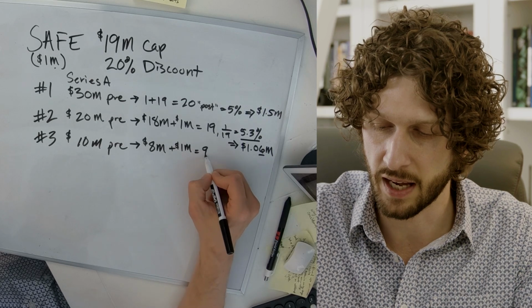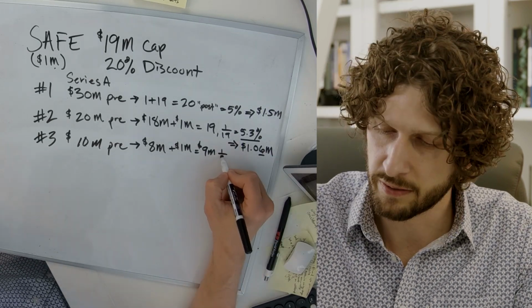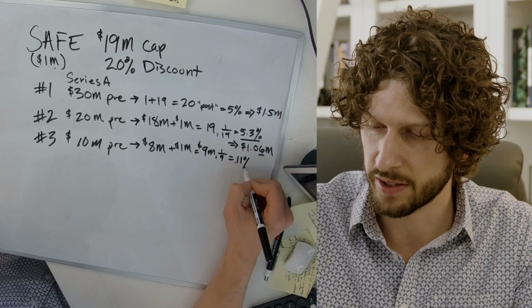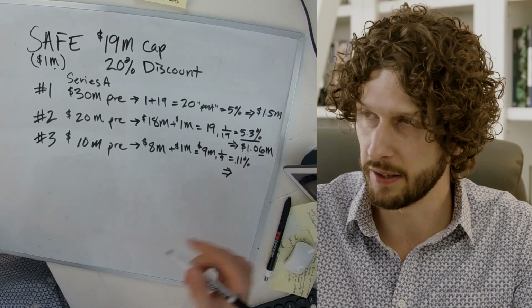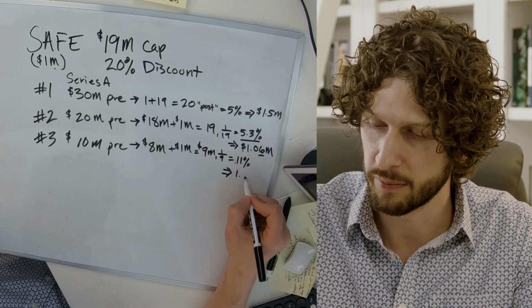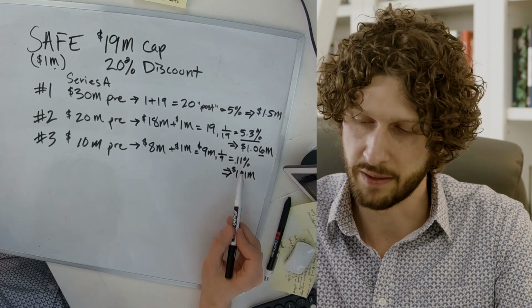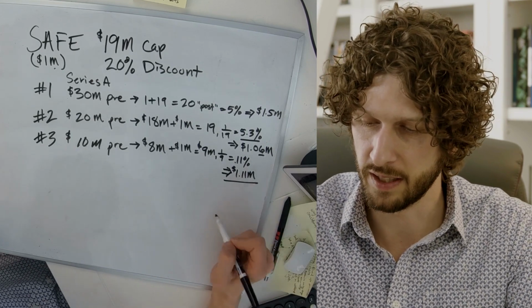It's going to be 9 million, right? And then this 1 over 9 is going to give me 0.11% ownership in the company, which means that my investment is going to be worth $1.11 million, because I'm going to multiply this 0.11% times 10 million, that's going to give me this.